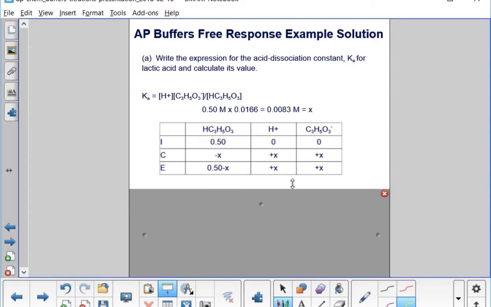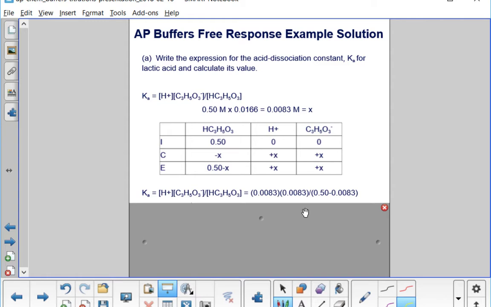So we have our amounts of all of our reactants and products at equilibrium that we can now substitute into our Ka expression. So we have the concentration of the products, which is the same, 0.0083 times 0.0083, over the concentration of the reactant, 0.5 minus 0.0083.